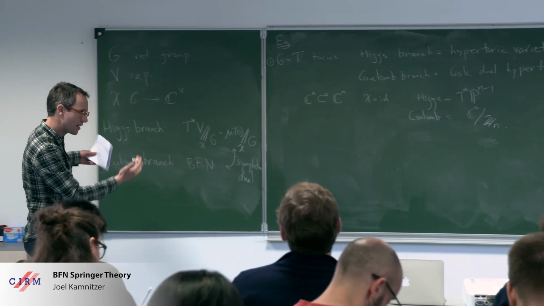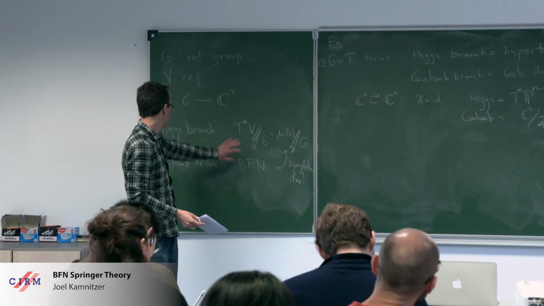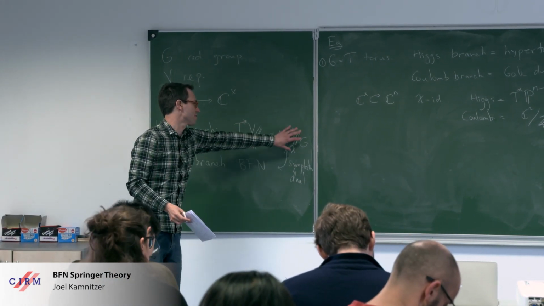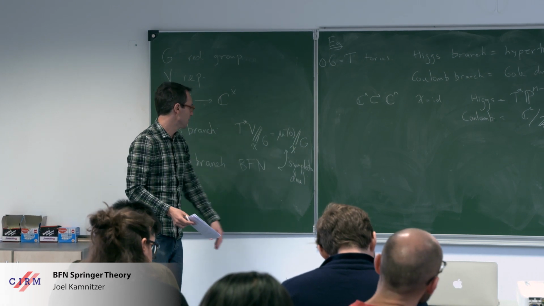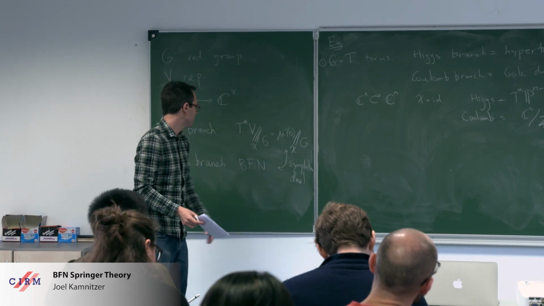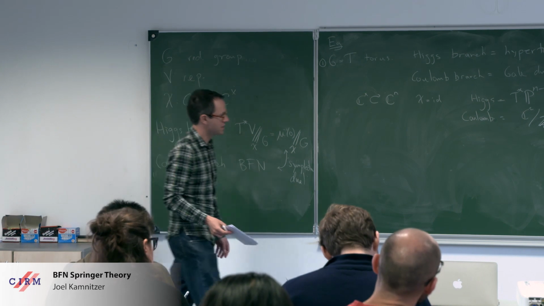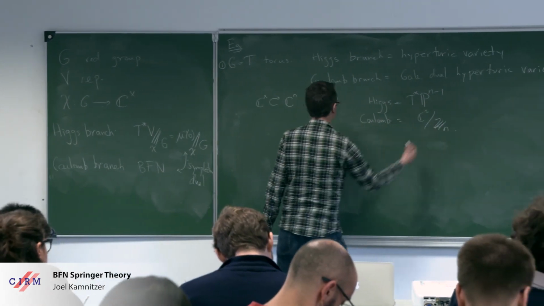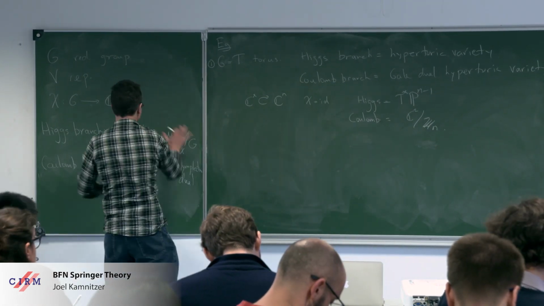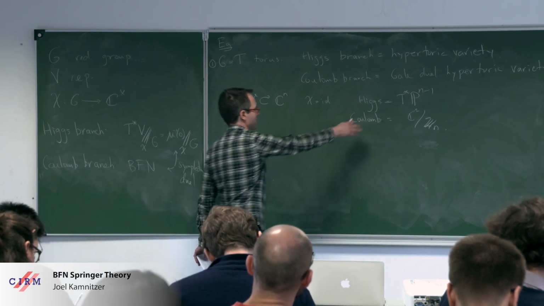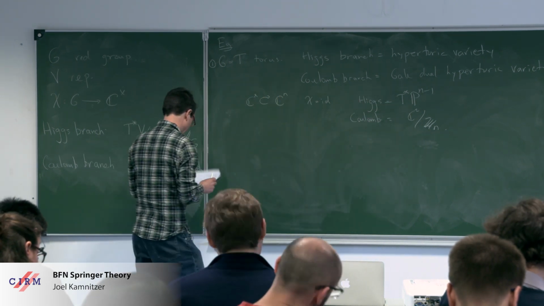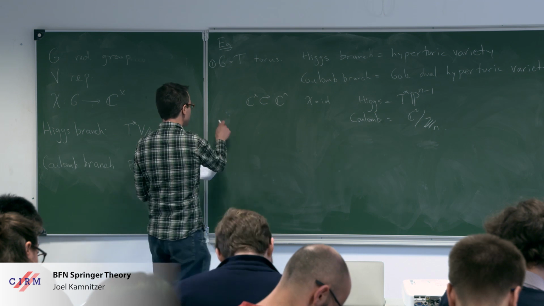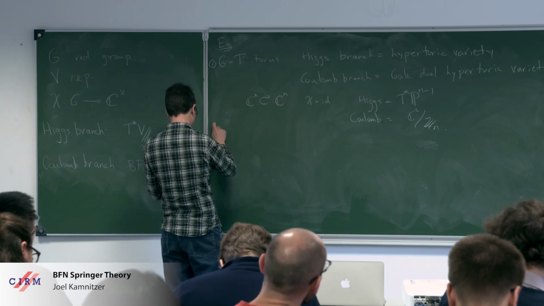In my talk, this Higgs branch will always be defined using this projective GIT quotient, so it will typically be smooth, and this Coulomb branch will always be affine. Of course, you could consider an affine version here, you could consider a resolution there, but just for simplicity, I'll think of it like this. So that's one simple class of examples.